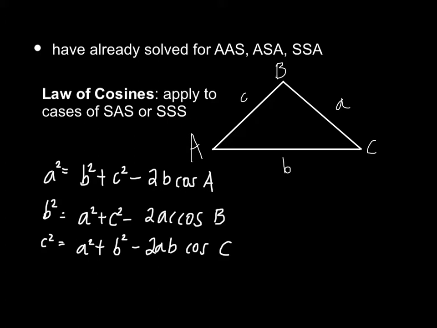So if we want to find the side length of A, for example, A squared equals B squared plus C squared minus 2BC cosine A. This may seem like a lot to remember, but just imagine if you're solving for A, you take the other two variables, B and C, square those and add them together, and then you subtract 2 times BC times the cosine of the angle of the side you're trying to find.